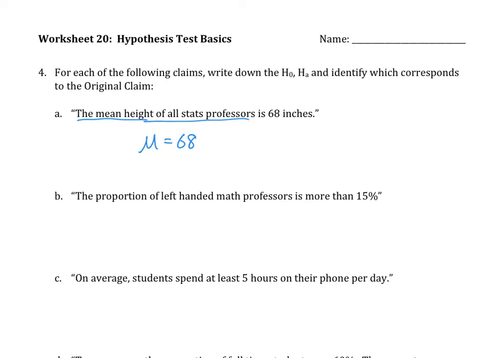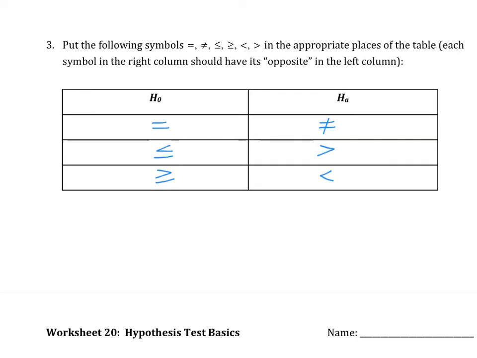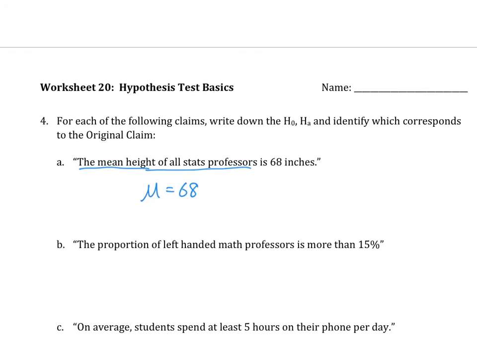So that's the claim. Again, I'm looking at the chart here. I have an equal sign. That means it's got to be H0. So I'm going to come here. All right, H0 is basically mu is equal to 68. What does that mean? That means HA, the alternative hypothesis, which is the opposite of H0.